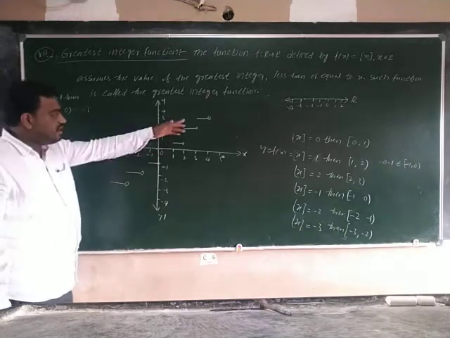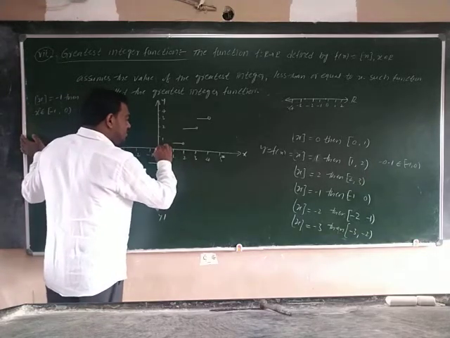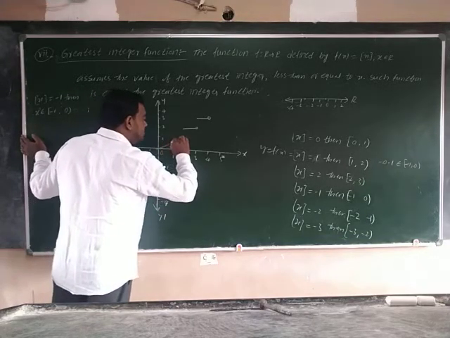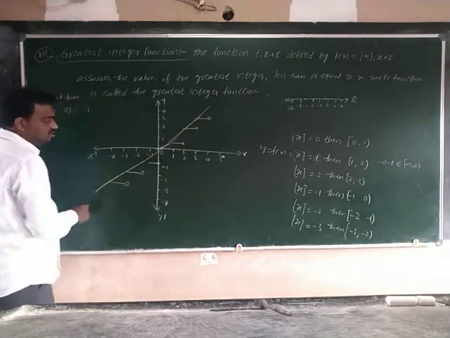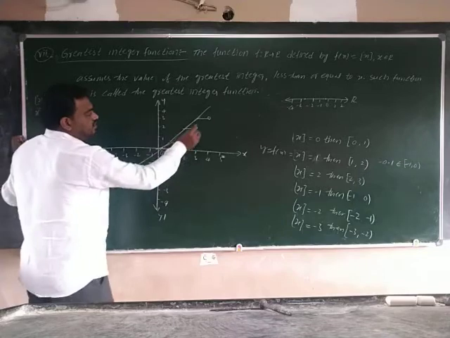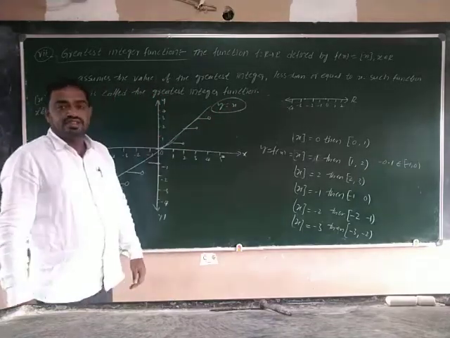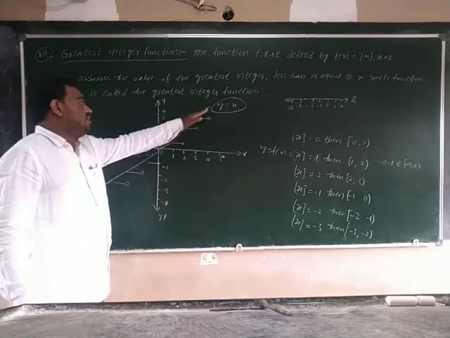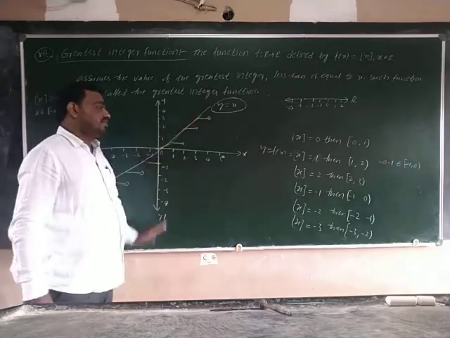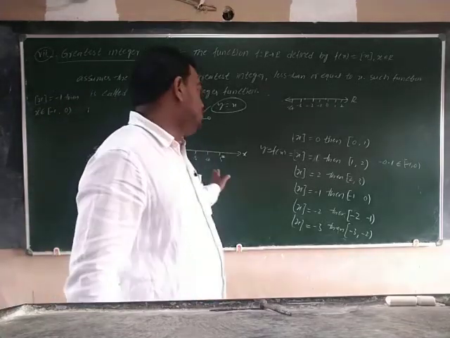Just draw these endpoints, and see what you are getting. If you draw like this, it follows the direction of the line y is equal to x. So this line only you draw. This is your greatest integer graph.